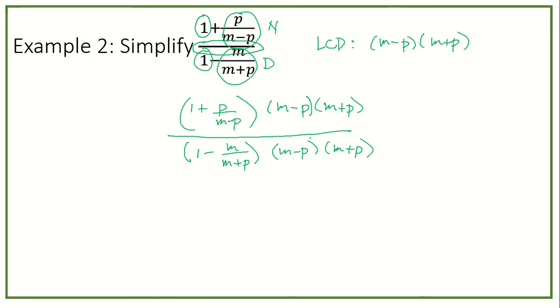And then, we just have to distribute. Okay? So, if we distribute this to 1, that would still be the same. M minus p, m plus p. Then, we distribute the LCD to the second. So, plus, okay, kapag i-multiply natin, makakancel out si m minus p. So, yung matitira na lang, p times m plus p.